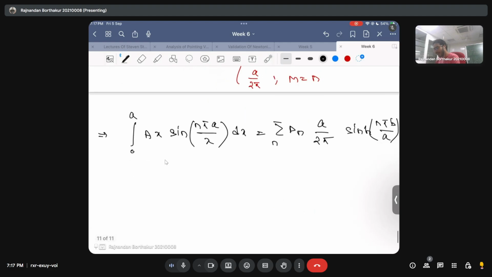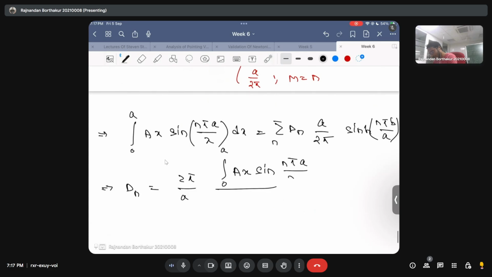That's it, I know the value of dn. For each value of n, I can now just remove the summation sign, because we know that this needs to be satisfied for all values of n. So then my dn just becomes 2 pi by a times integral 0 to a ax sine n pi x by a dx by sine hyperbolic n pi b by a.